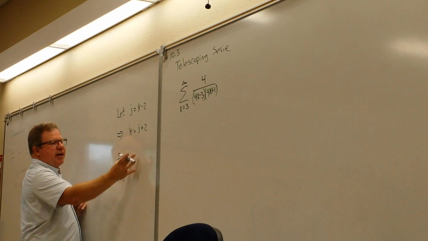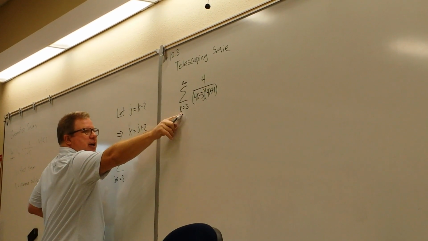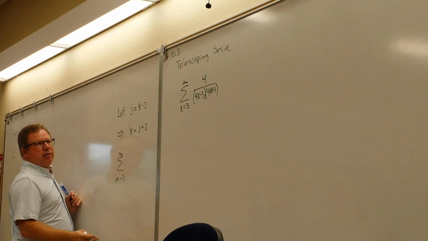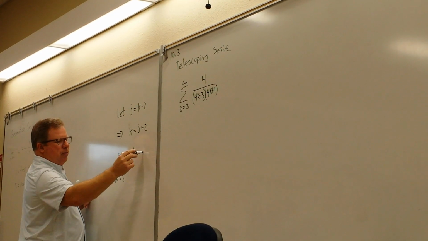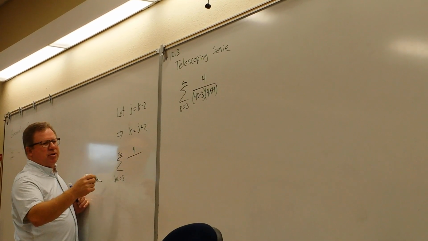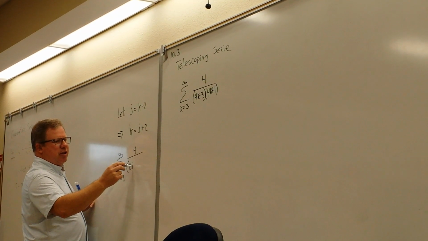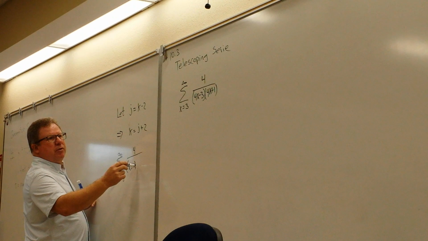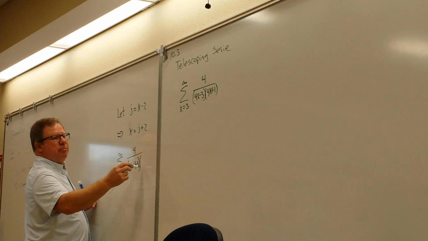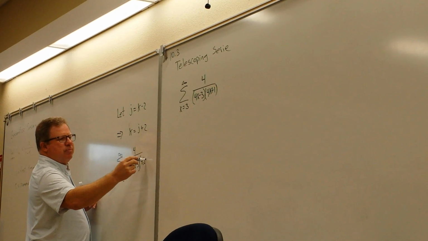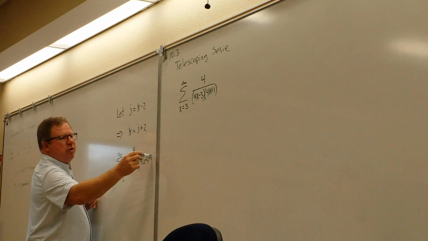I just substituted that in place of k here, 4 over. Now we're going to substitute it in for these k's, 4 times j plus 2 minus 3 times 4 times j plus 2 plus 1.